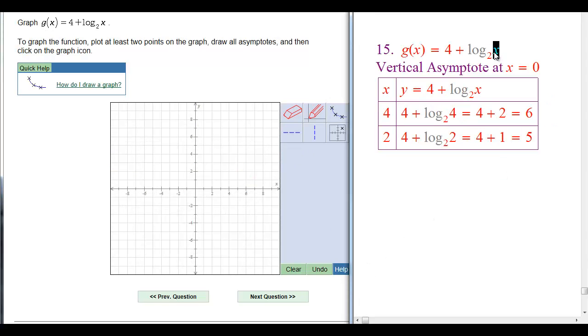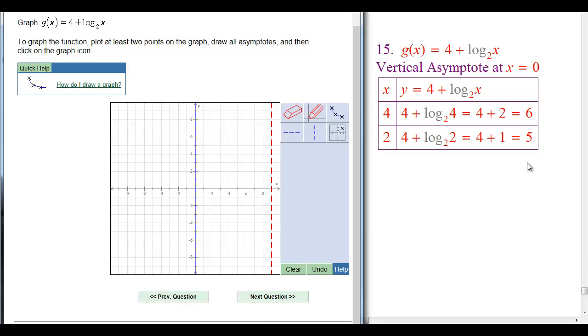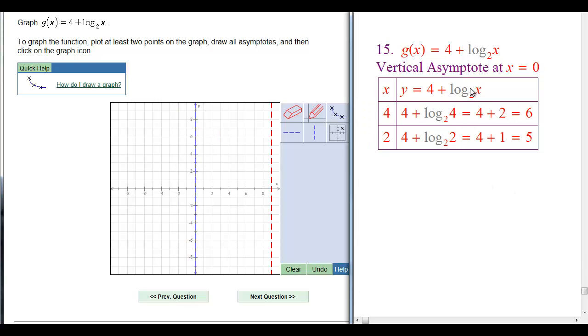Again, log x base 2, so x cannot be 0, so x equals 0 is your vertical asymptote, so let's place that. And then we just have to plot points. Remember now, how do you decide what points to plot? Since it's log base 2, you want all powers of 2 here. So let's say 4. So this would be 4 plus log 4 base 2. How do you evaluate log 4 base 2? 2 to what power gives you 4?